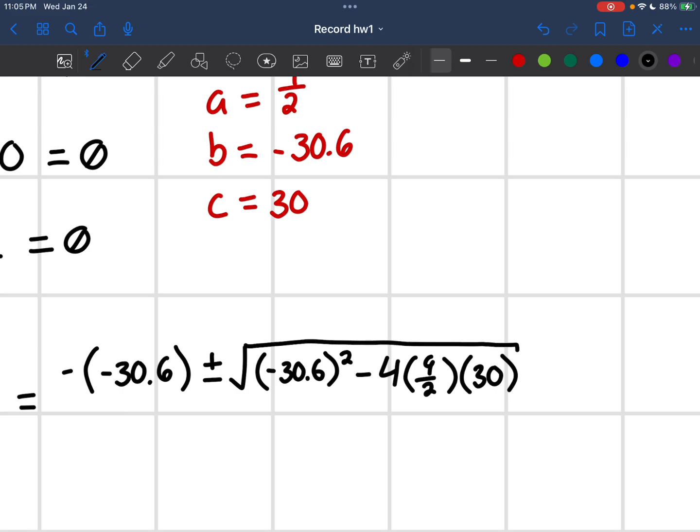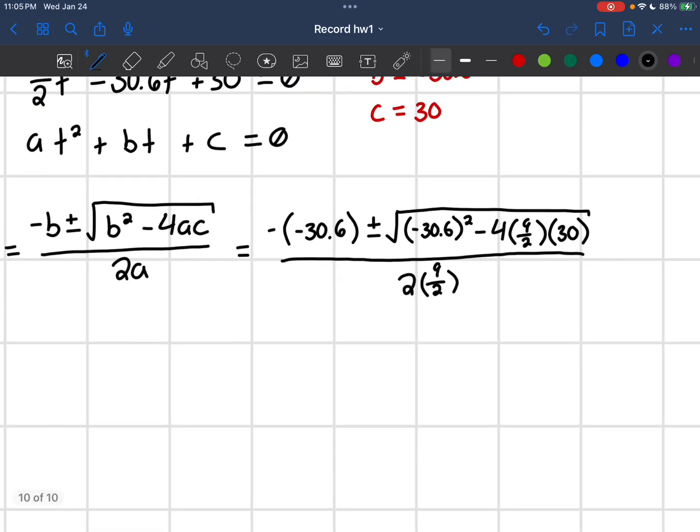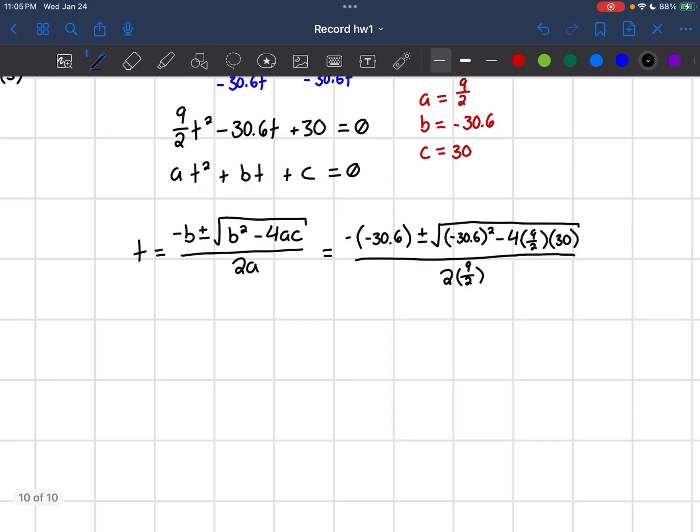I close my radical, and then I fraction, all divided by 2 times 9 over 2, 9 over 2. Right. Now, I could simplify this.